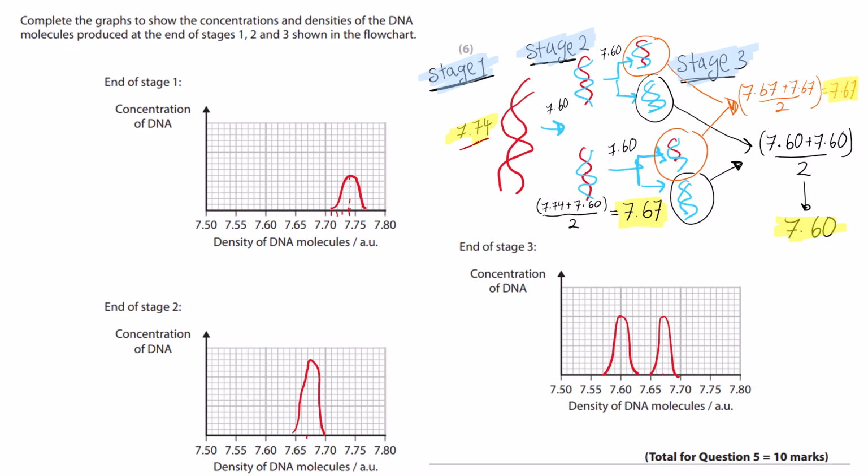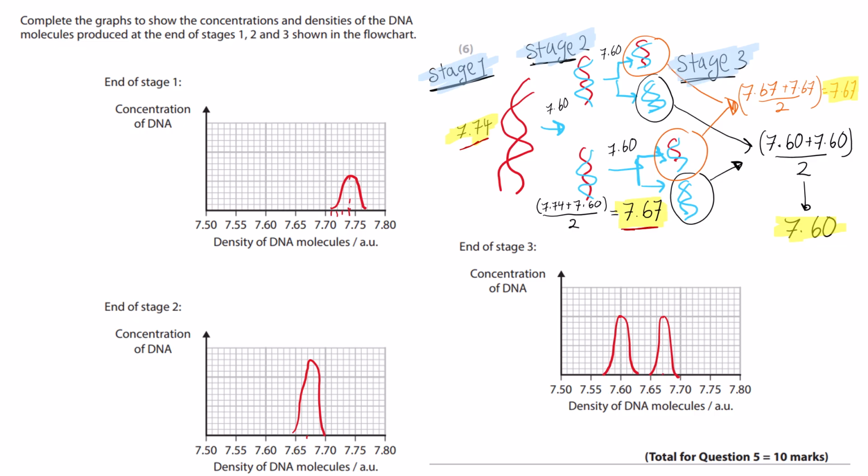Stage 2 is grown in the light nitrogen 14, so we're going to have 50% red, 50% blue, or you can say 50% heavy, 50% light. I calculated the mean density, which is the density of the light plus the heavy divided by 2, which gives us a mean value of 7.67. So we should be expecting a peak at 7.67 at the end of stage 2.